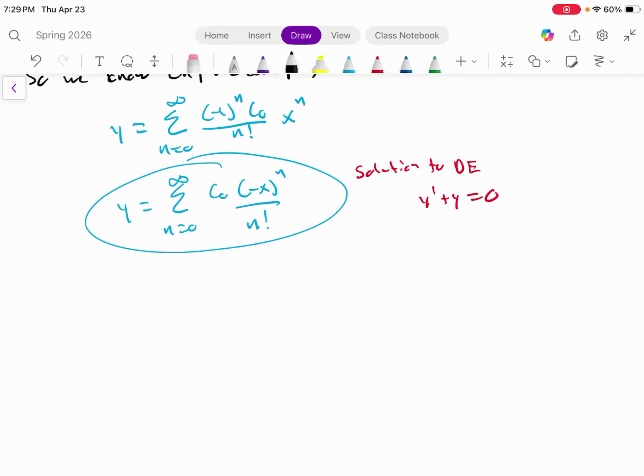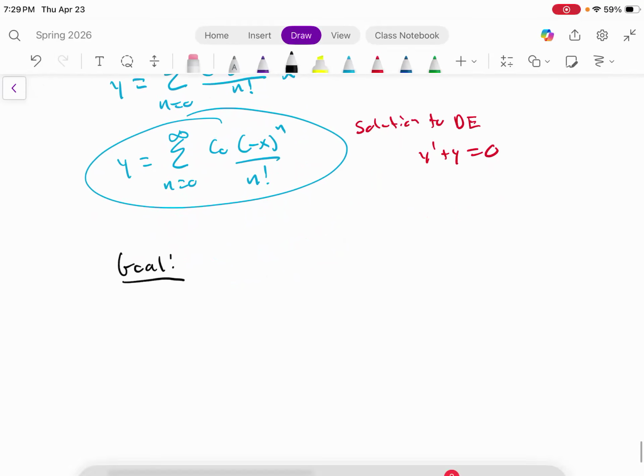So that's what our answer and solution is. Keep in mind all the things we did in this problem. It was quite long, a lot of moving parts to solving a differential equation using power series solutions. There are always the same types of steps. We have our trial solution, and then we take derivatives and plug into the differential equation.